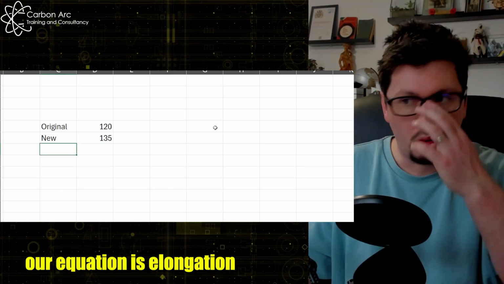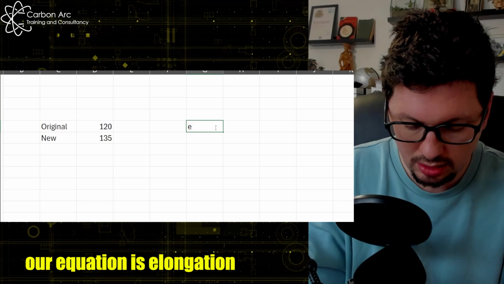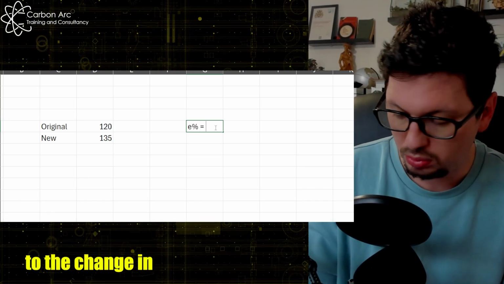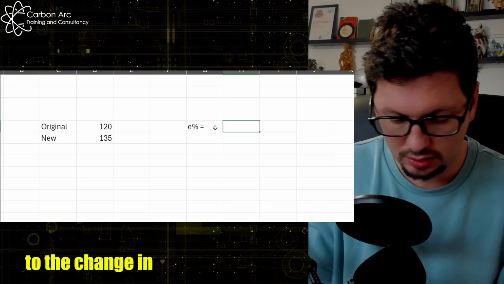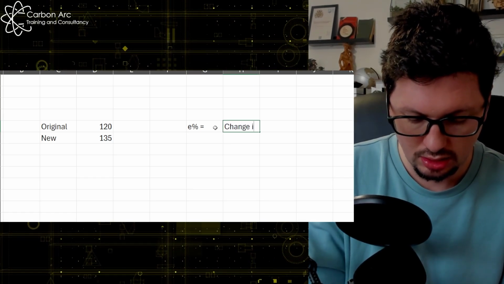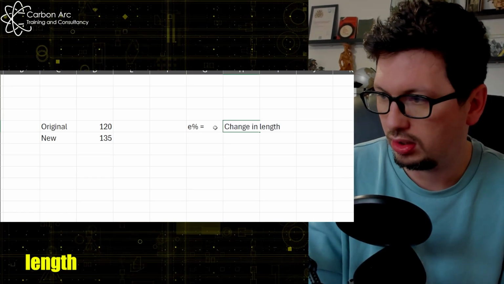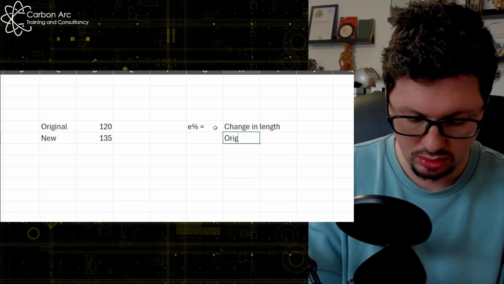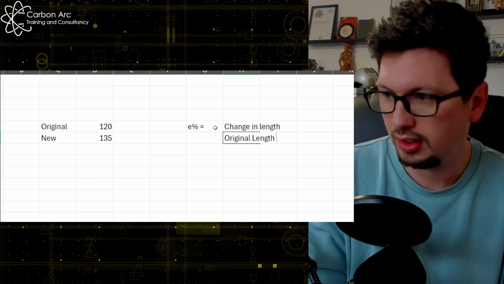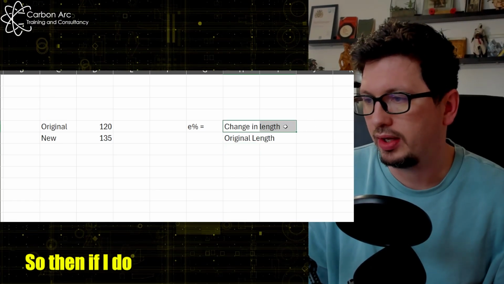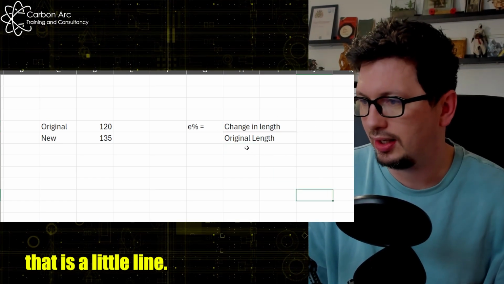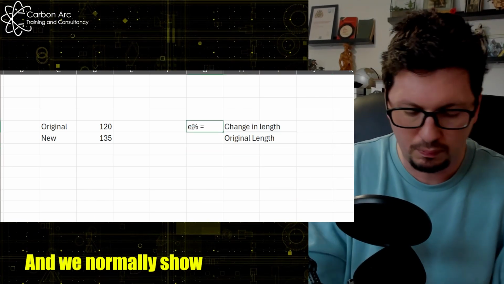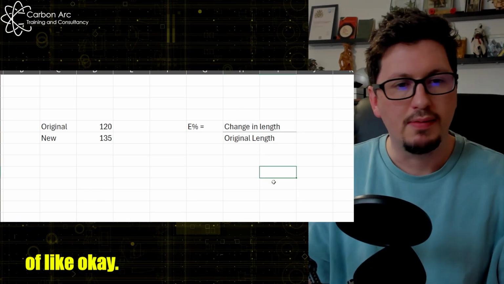So our equation is elongation percentage is equal to the change in length over the original length, like that, okay? So then if I do that as a little line, that's our equation in this section here, and we normally show that with a capital A. Okay, so that's our equation.